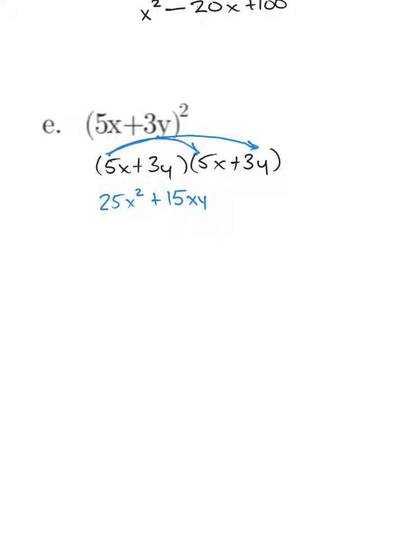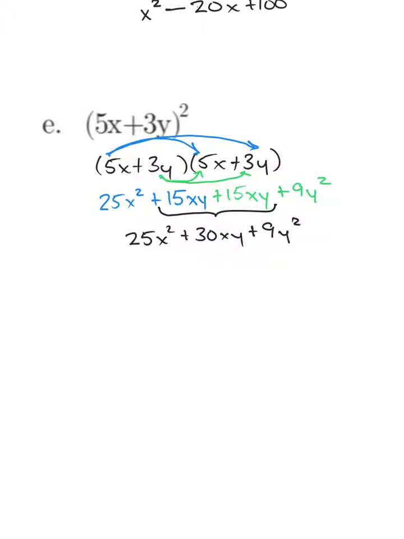My insides, 3y times 5x is plus 15yx, or 15xy. I'm going to write it as xy so that it's in the same order as my previous term. Finally my lasts, 3y times 3y is 9y squared. From there we can combine the two middle terms and we get 25x squared plus 30xy plus 9y squared for our final answer.